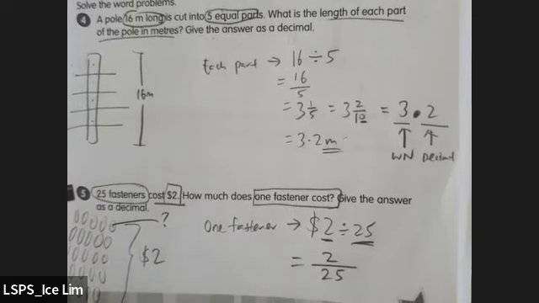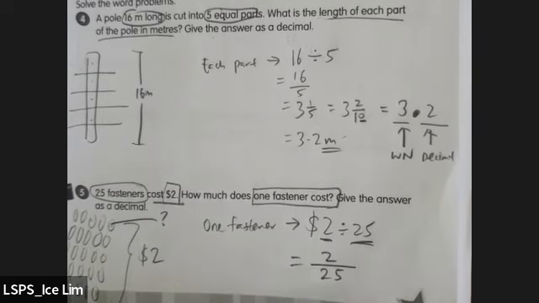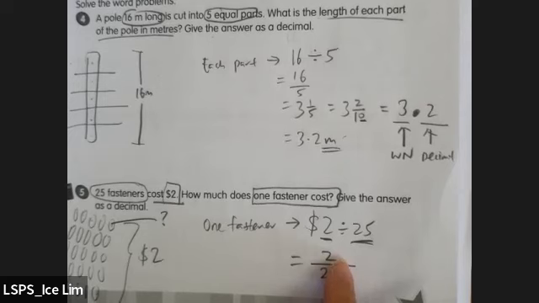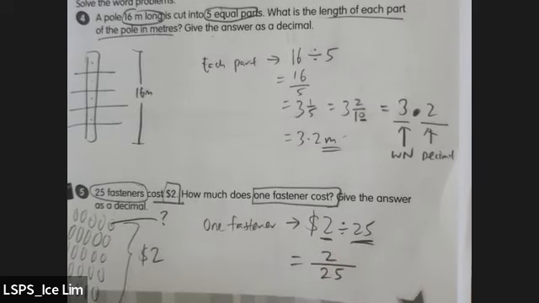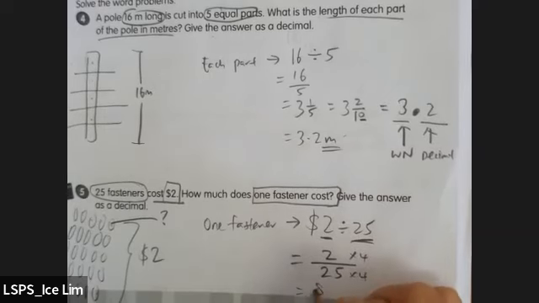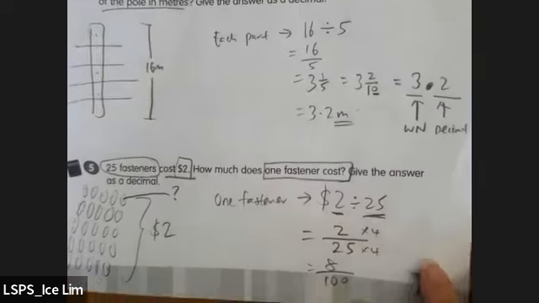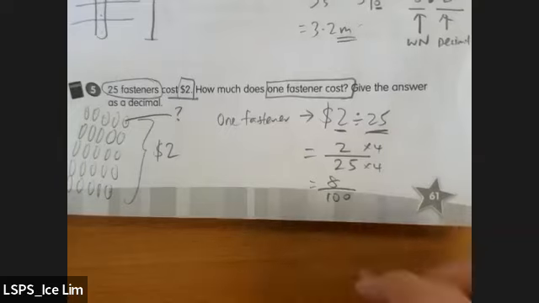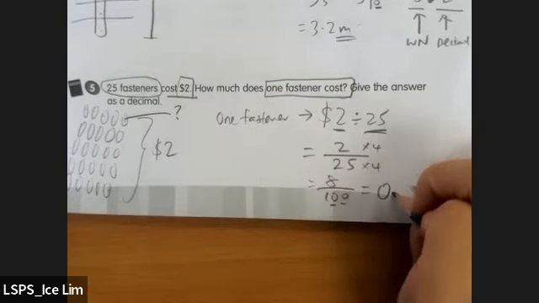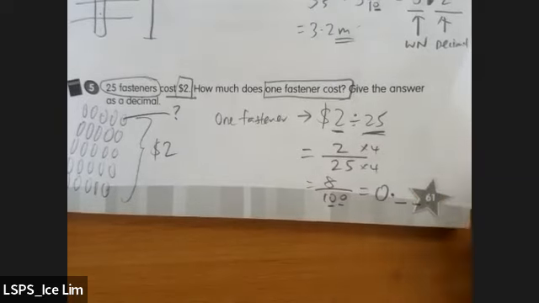So definitely one fastener should be much cheaper and less than $1. Yes, like a cent. So if you convert this, you get 8 over 100. Then you see 2 places at the denominator means 2 spaces after the decimal point, 0.08.